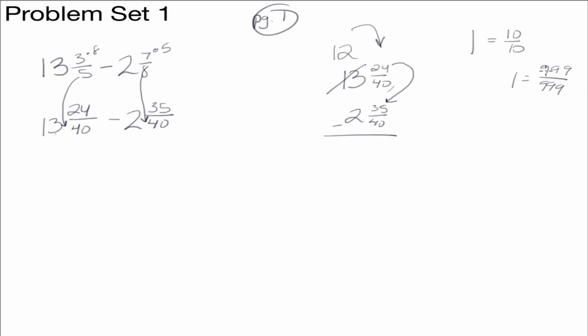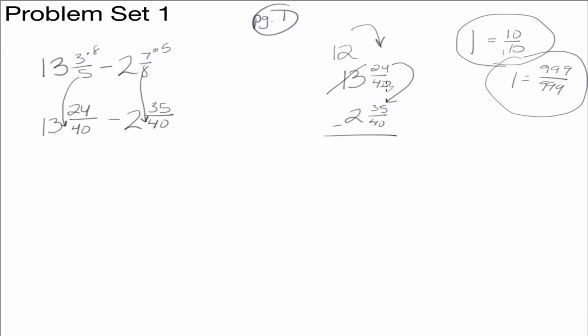As long as the numerator and the denominator are the same, it will equal 1. So when I'm bringing 1 from the counting or whole number column to the fraction column, I'm bringing any particular fraction over that equals 1.